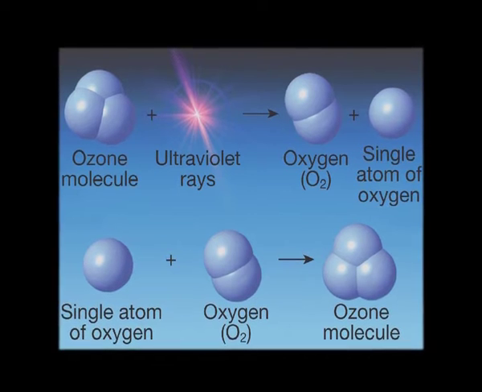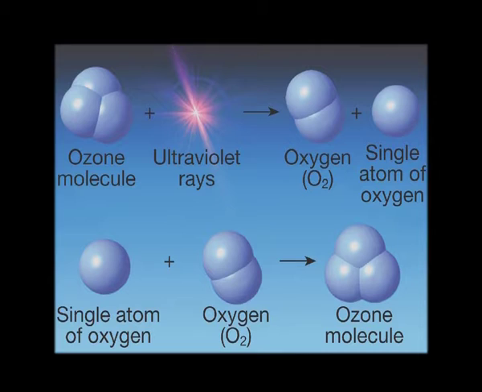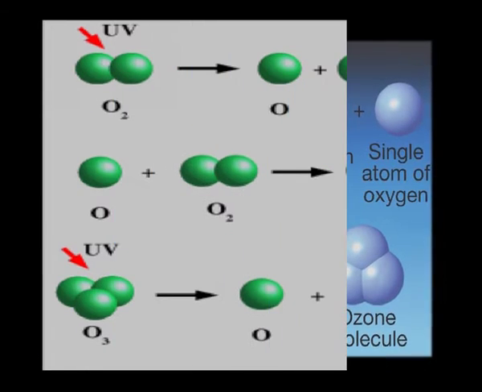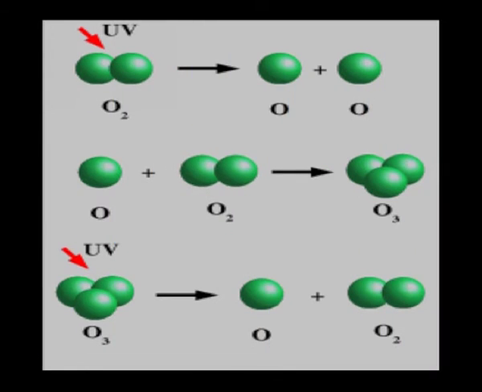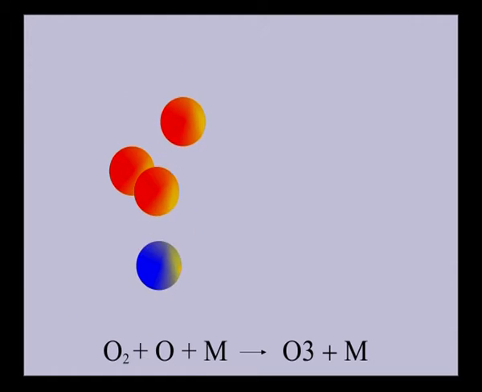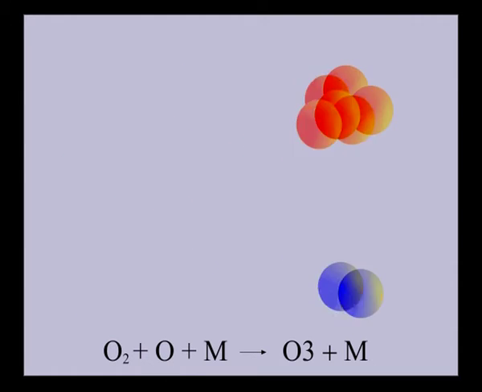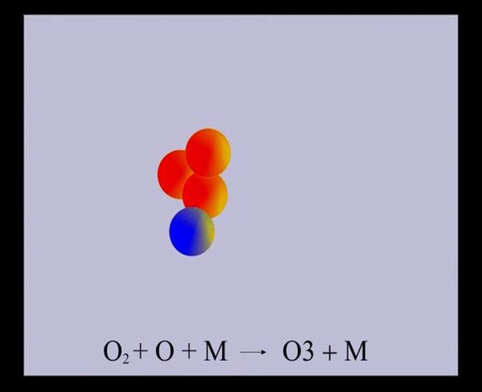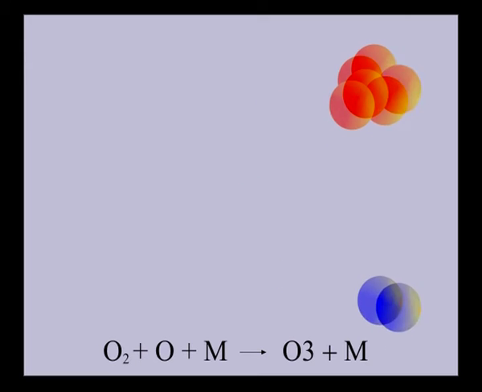The important formation of the ozone layer is: O2 becomes O plus O, then O plus O2 becomes O3. Any mechanism which disrupts or interrupts the above cycle leads to ozone depletion.